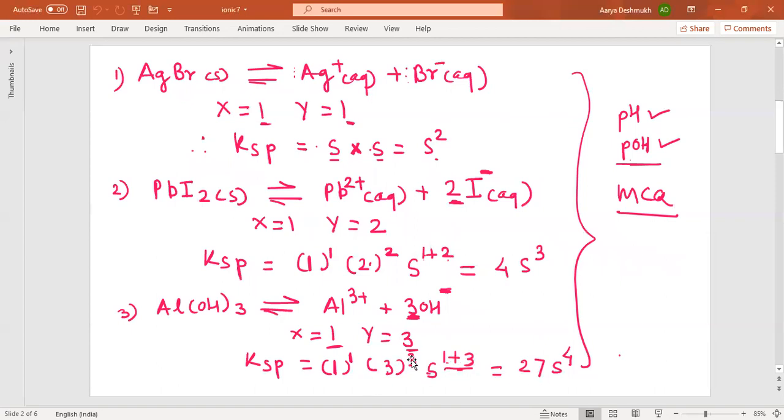Now 3 raised to 3 means 3 cube, that is 27, and S raised to 4. So the solubility product for aluminium hydroxide is 27S^4. These equations can be used to solve the MCQs based on this, which we'll talk about later.